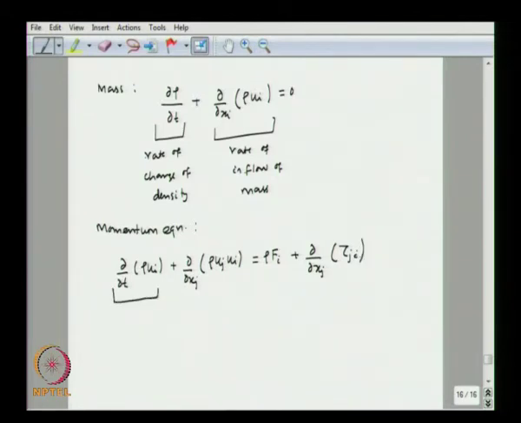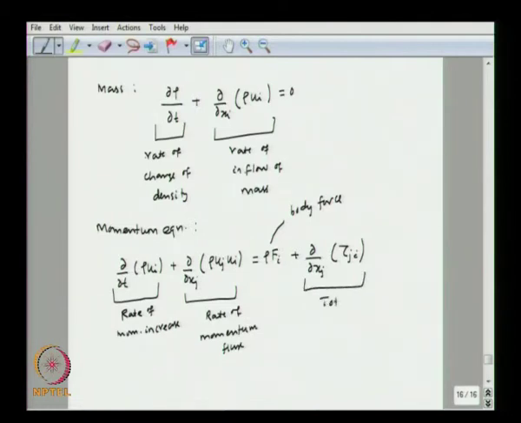So this is the rate of momentum increase, this is the rate of momentum flux, this is the body force, and this is the total stress, and this total stress will have the pressure component plus the viscous stress.